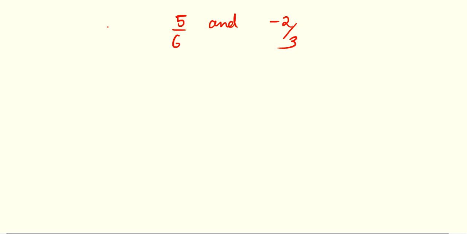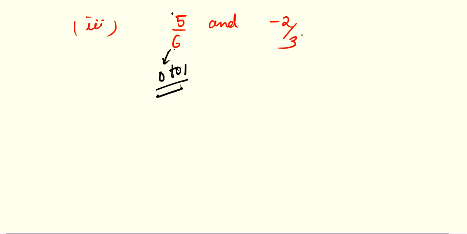Question number 3: 5 by 6 and minus 2 by 3. As you can see, 5 is less than 6. That means the denominator is greater than the numerator. So this 5 by 6 is an example of a proper fraction. And a proper fraction, on plotting, will be between 0 to 1 because 5 by 6 is positive.